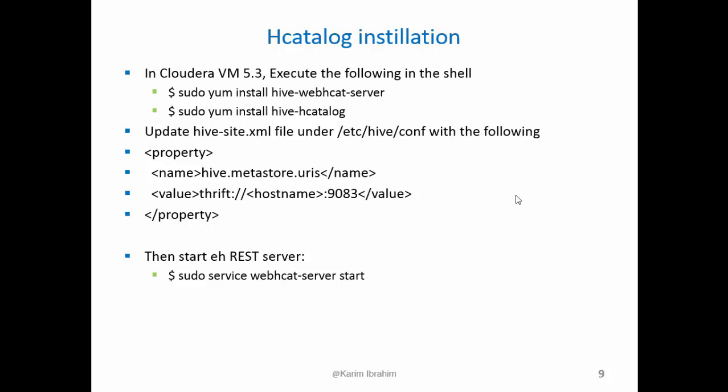The second step is to change the hive-site.xml file and point to the host name where the HCatalog components reside. And the last step was to start the server, and that's all for the installation.